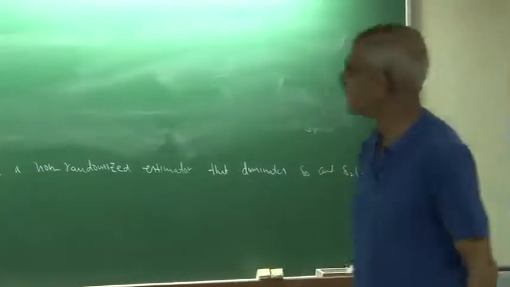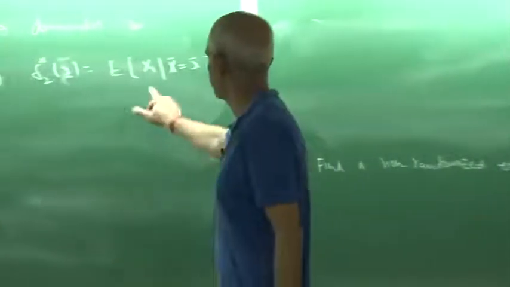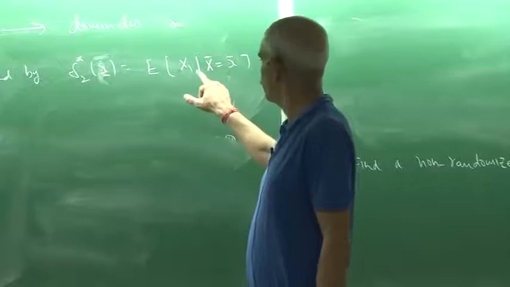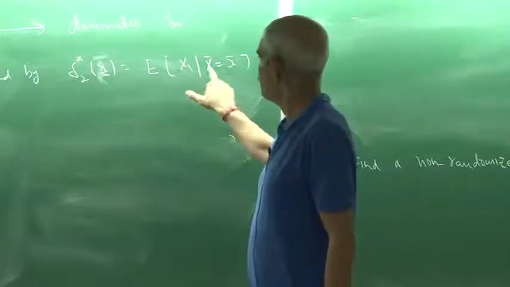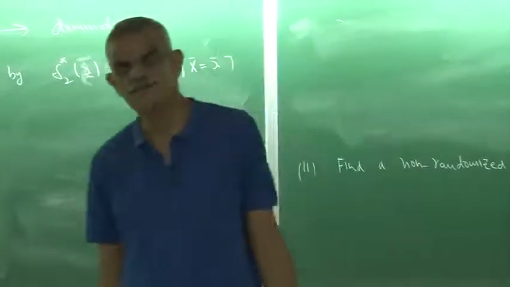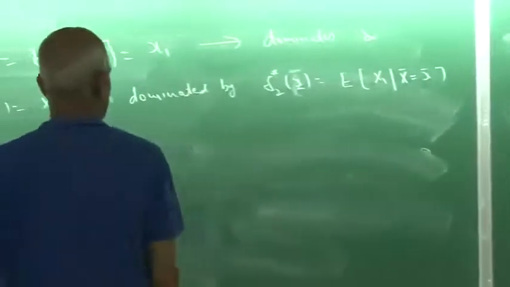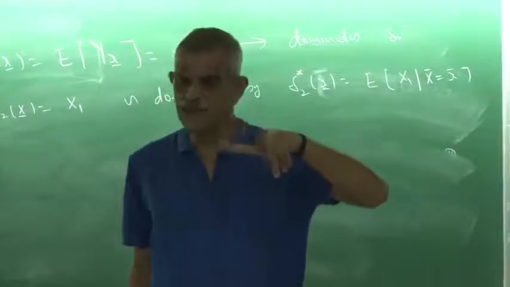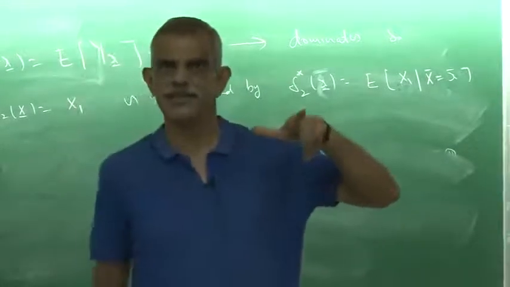Of course, one can find the conditional distribution of x1 given x bar. One way to do that would be: x1 and x bar will have a bivariate normal distribution. Why? Because a random variable has a bivariate normal if and only if all linear combinations have a univariate normal.